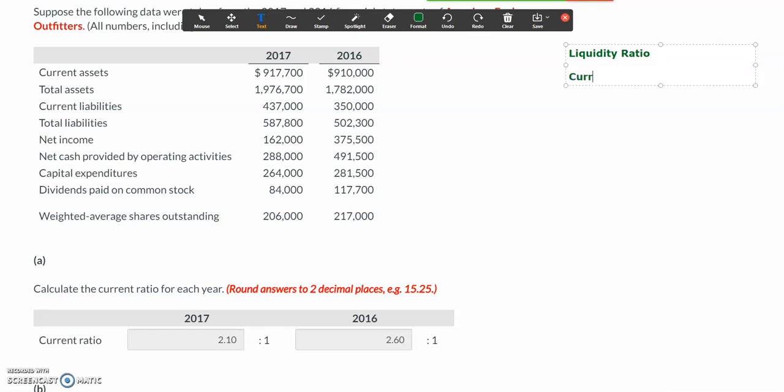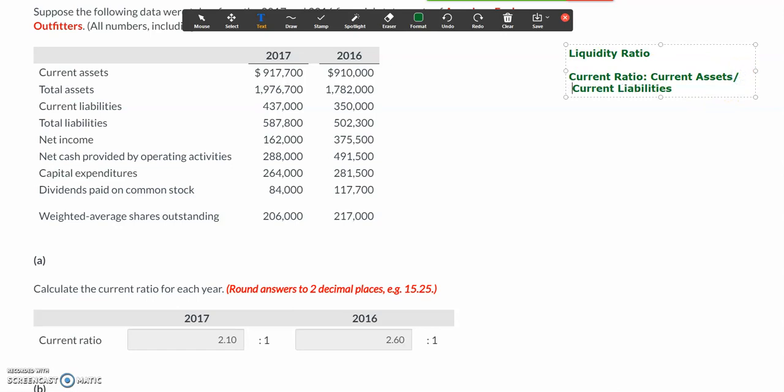So for each of these ratios, you need to know the formula. For the current ratio, it will be the current assets divided by the current liabilities. So we are looking at the proportion of current assets divided by the current liabilities.